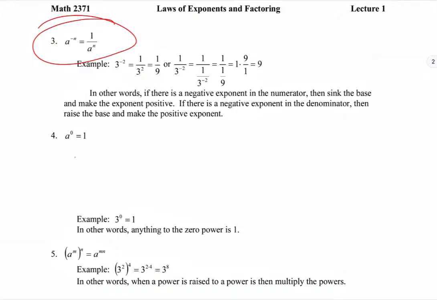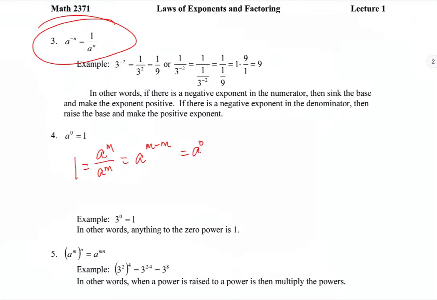Let's think about it this way. This is 1. If I have a to the m over a to the m, so that means that if I have a fraction over a fraction where they have the same exponent, then that means they're the same thing. All right? So that's 1. But using the subtraction, so that's a to the m minus m, then that tells me that that's a to the 0.